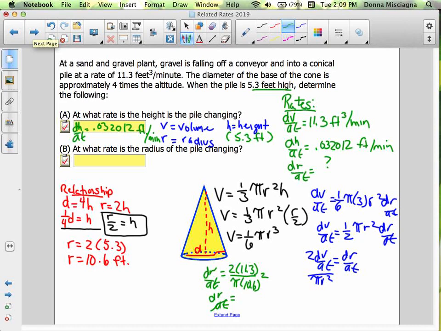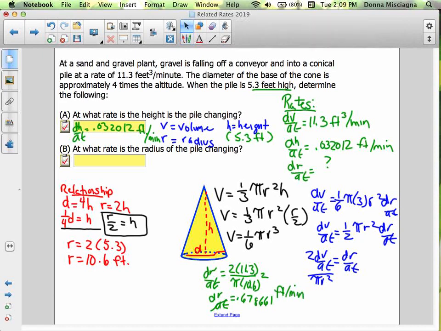So we have 11.3 times 2, and we'll divide that by 10.6 pi. And we get 0.6788661, and that's feet per minute.